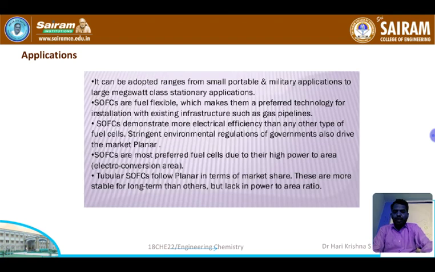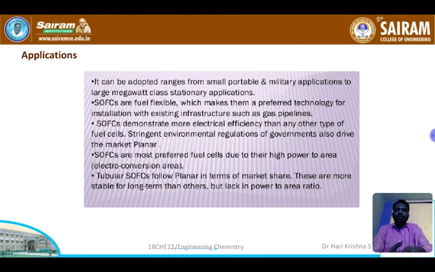It can be adopted in a range from small portable and military applications to large megawatt class stationary applications. SOFCs are fuel flexible, which makes them a preferred technology for installation with existing infrastructure such as gas pipelines.